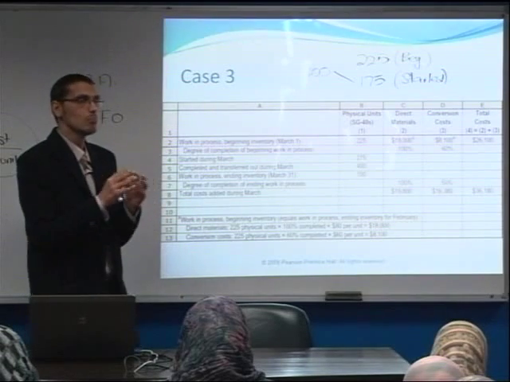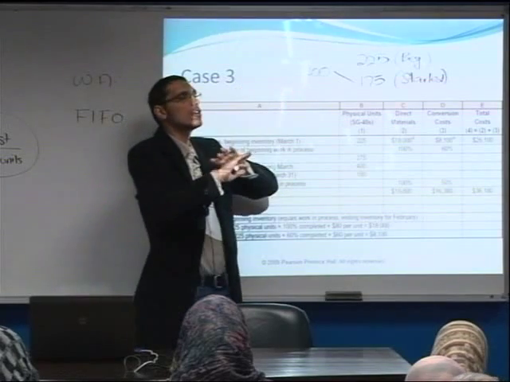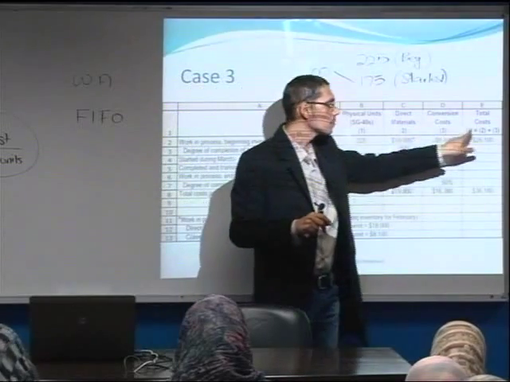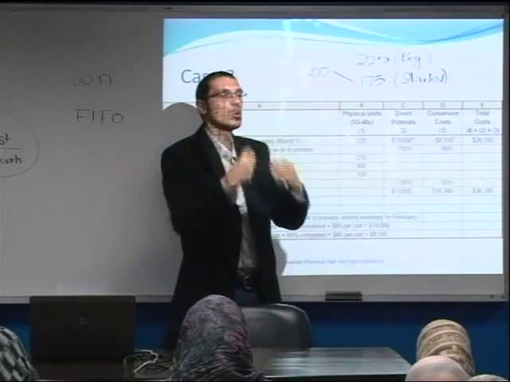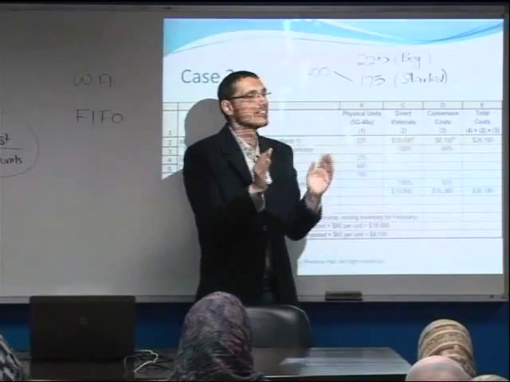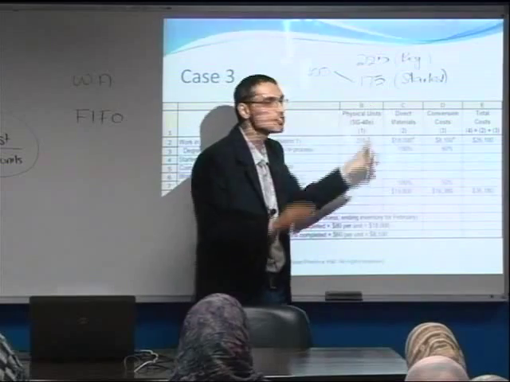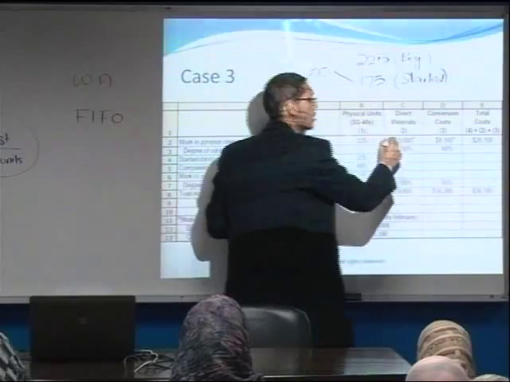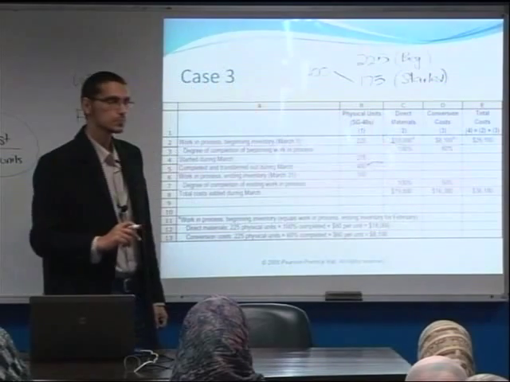Now, if we assume that from the 400 units, the 225 were first completed, therefore the cost of the beginning work in process would not be blended with the costs that were incurred within this period. Why? Because we have assumed that the 225 are finished, completed and transferred out units. Therefore, these costs would be assigned directly to the 400 units.